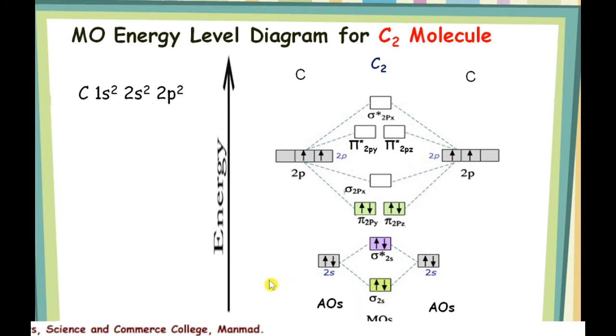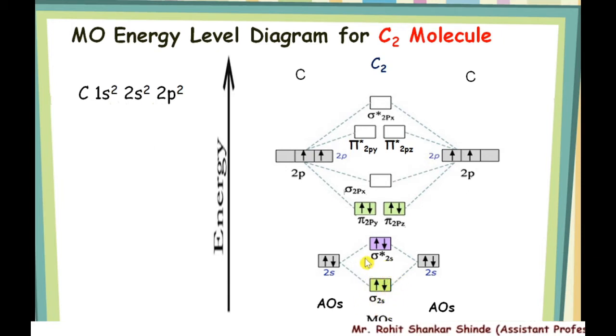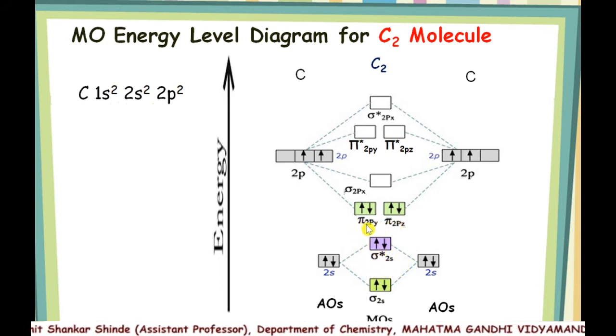This diagram shows the molecular orbital energy level diagram for the C2 molecule. Out of 8, the first 2 electrons are occupied in sigma 2s, the next 2 electrons in sigma star 2s, and the remaining 4 electrons in pi 2py and pi 2pz orbitals, and these are the bonding molecular orbitals.